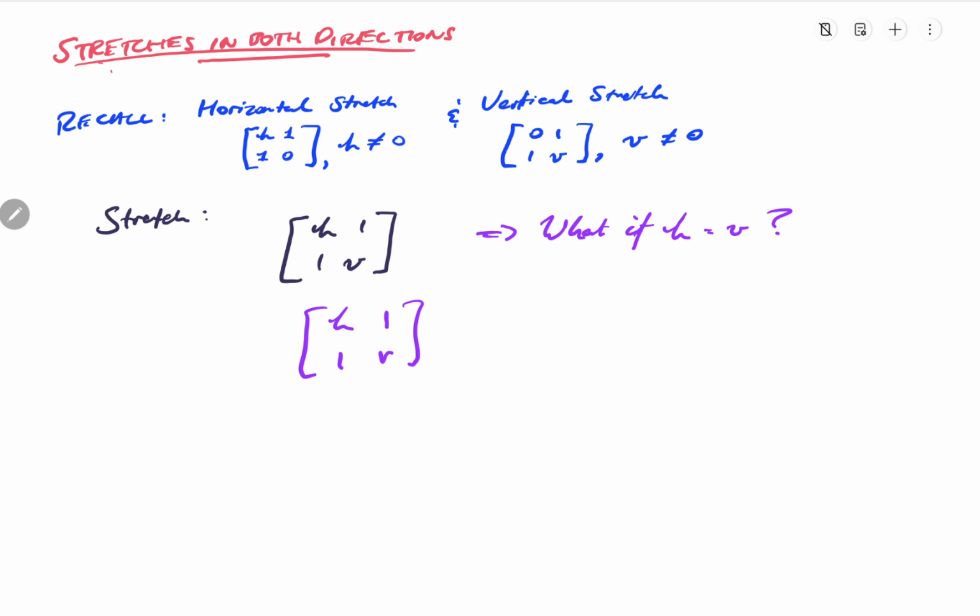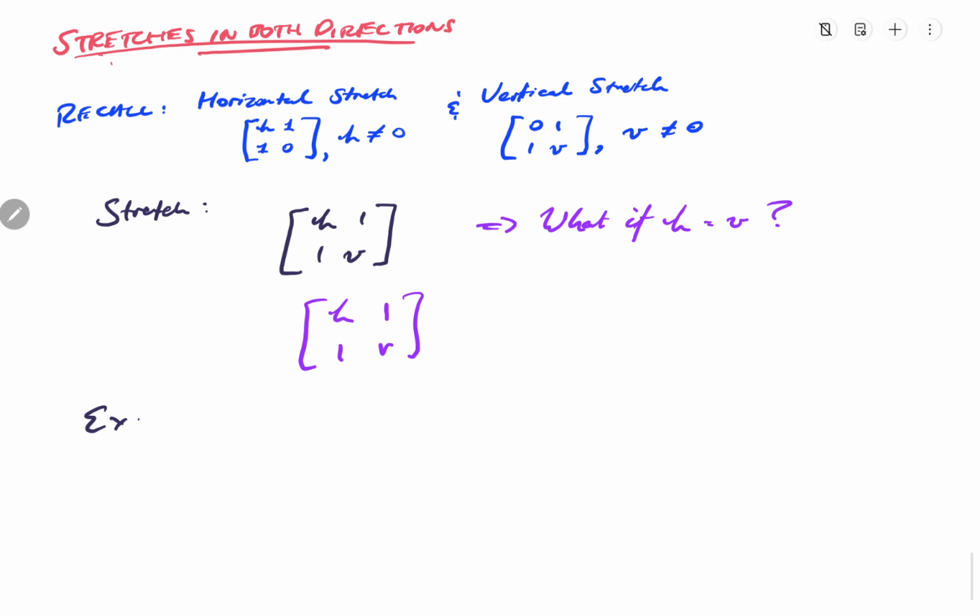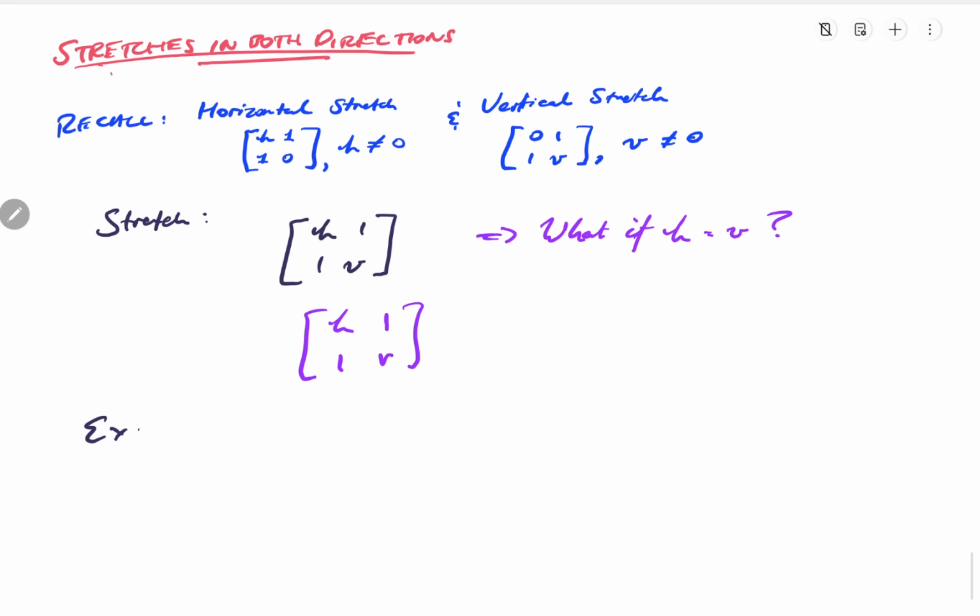Let's look at an example. Let's say we take our square, 2, 2, and then transform by 3, 1, 1, 3.